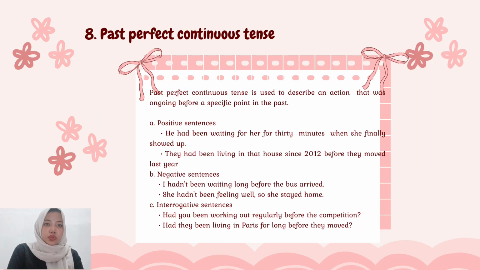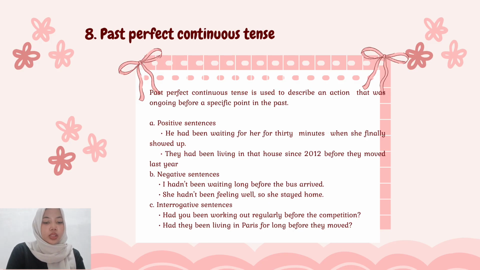Past perfect continuous tense. Past perfect continuous tense is used to describe an action that was ongoing before a specific point in the past. For example, in positive sentence, he had been waiting for her for 30 minutes when she finally showed up, and they had been living in that house since 2012 before they moved last year.